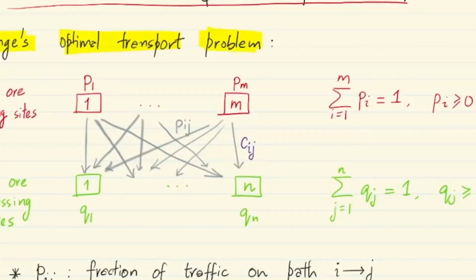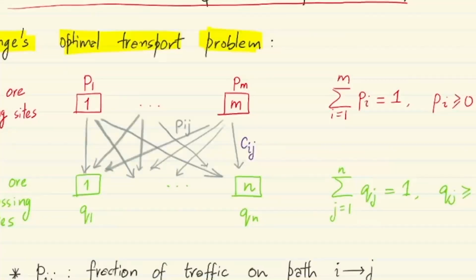On the other hand, you have n processing sites or factories, each of which can turn the iron ore into finished products at capacity Qj. So the capacity of site j is Qj.